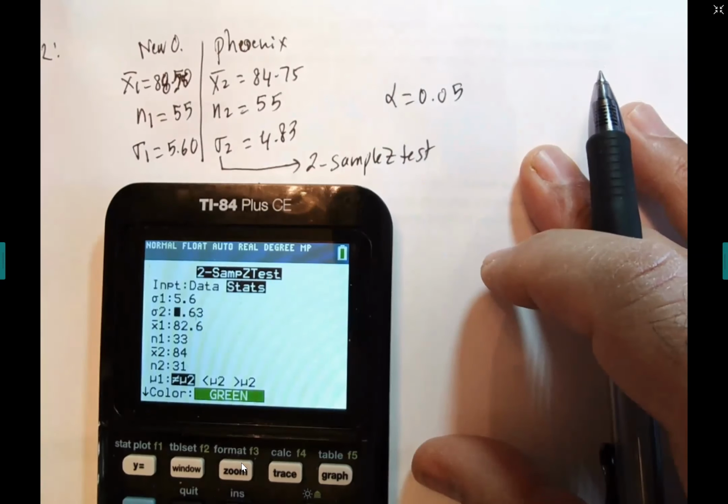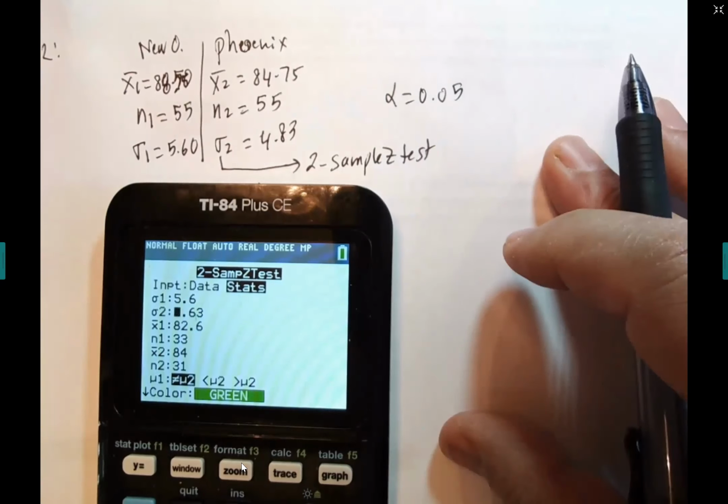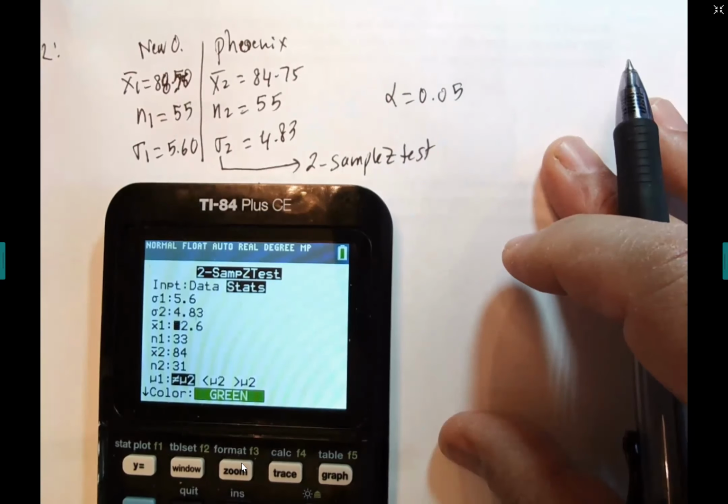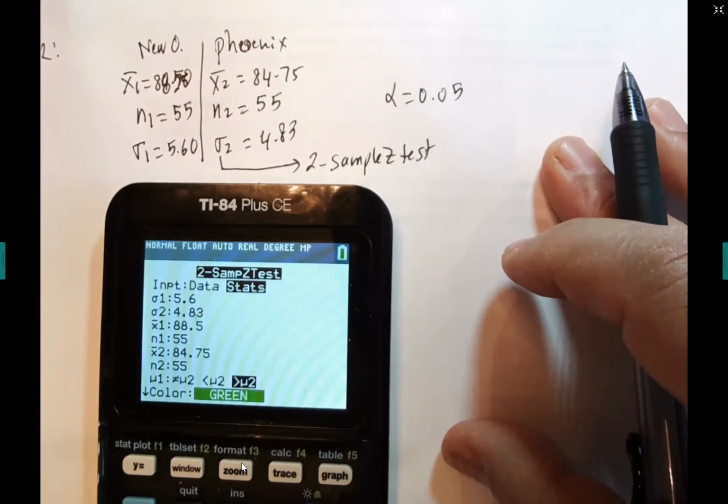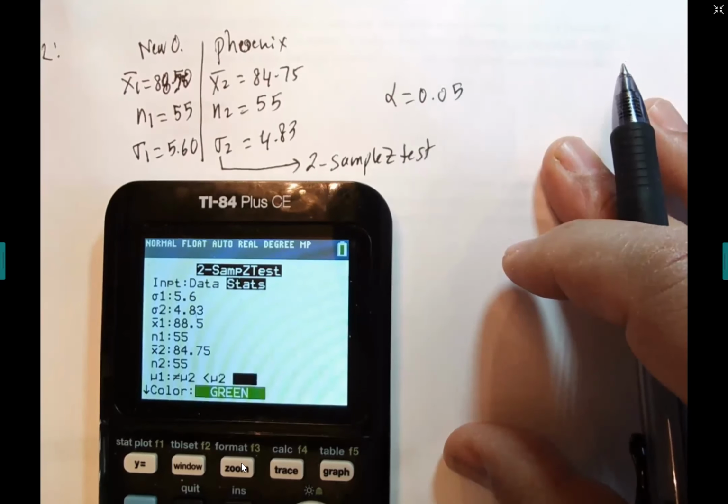Be very careful as you do data entry. Sigma 2 is 4.83. X1 bar is 88.50. N1 is 55. X2 bar is 84.75. N2 is 55. And we need to check that mu1 is greater than mu2. Don't forget to press enter when you make your selection before you hit calculate.